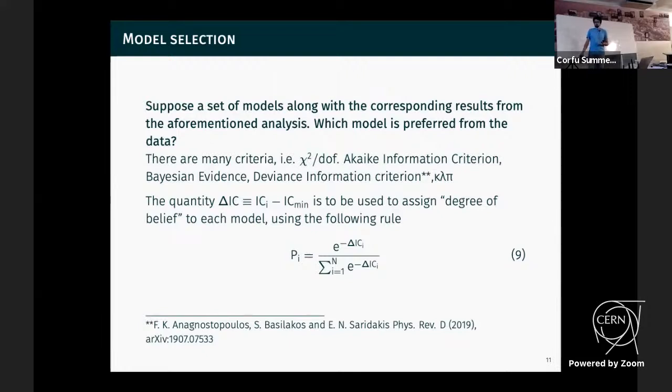So we need to employ a lot of criteria to have a criteria-independent assessment of models. The quantity delta IC, where IC is the value of the information criterion for a particular model, is to be used for us to assign a degree of certainty or degree of belief for each model.